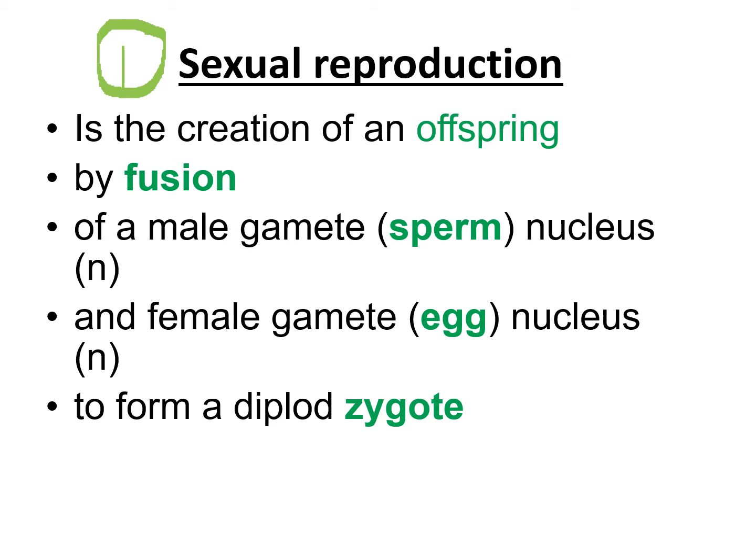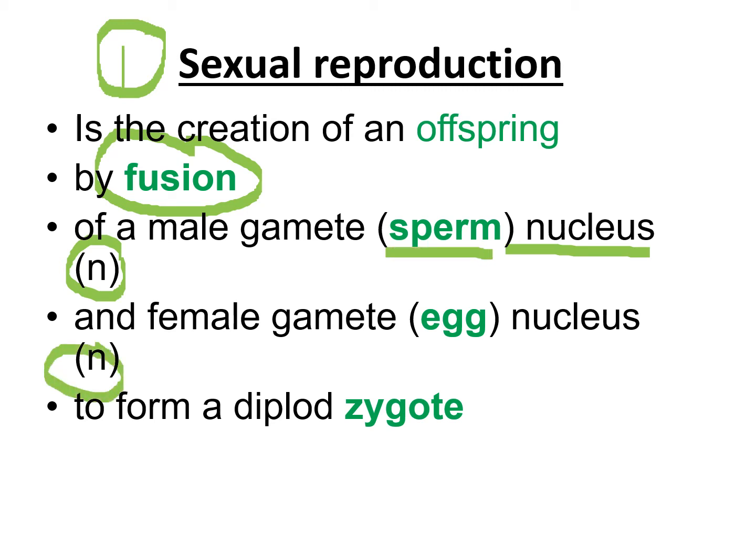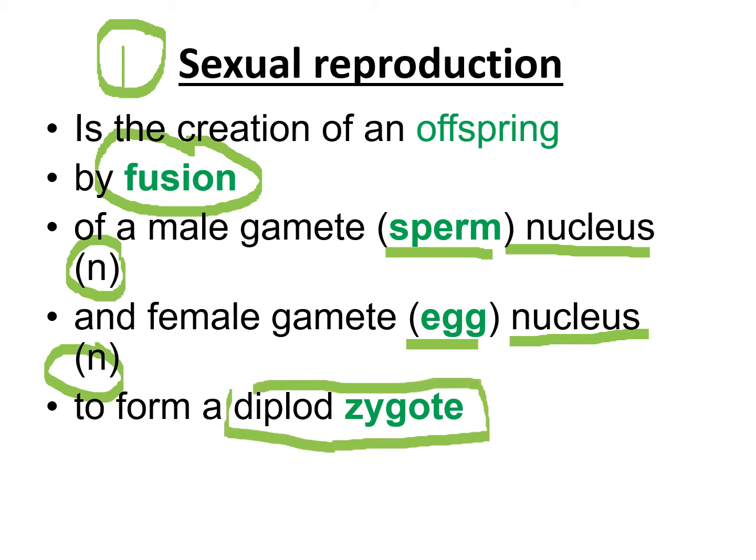Fertilization is a fusion that takes place between the haploid nucleus of a sperm cell with the haploid nucleus of an egg cell. As a result of this, we can form a diploid zygote, which can develop into our new animal.